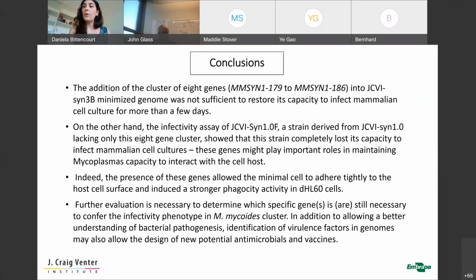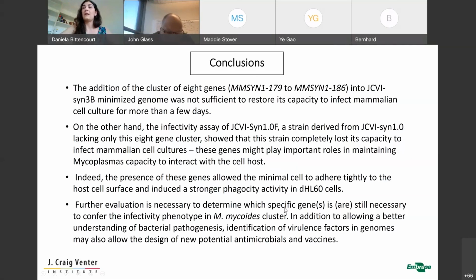It's also important to point out that the strain JCVI-Syn1F had exactly the same genome as Syn1, except for this 8 gene cluster.